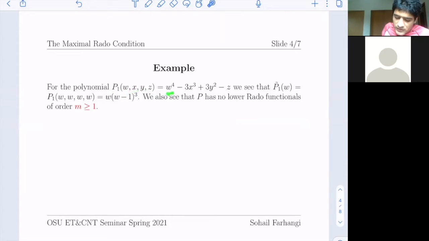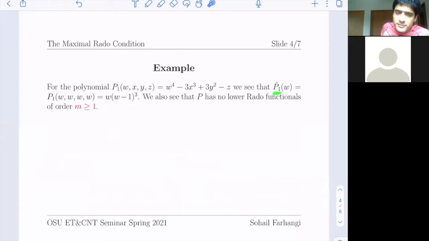It is w to the 4th minus 3x cubed plus 3y squared minus z. And for use on a future slide, we're just going to observe that if I define this new polynomial in which I set all 4 variables to be the same, then I can factor it as w times w minus 1 cubed.